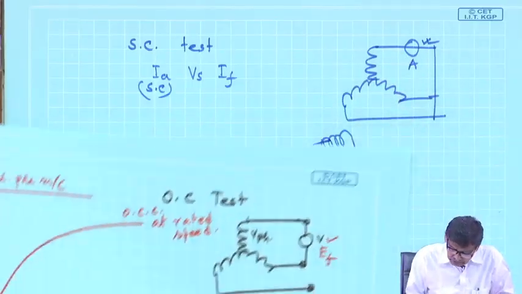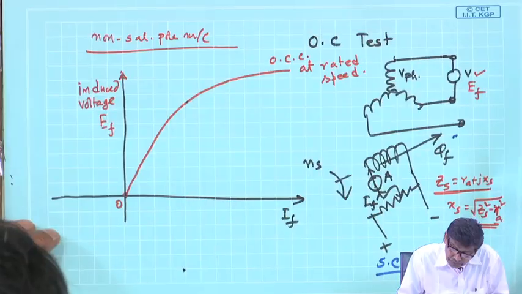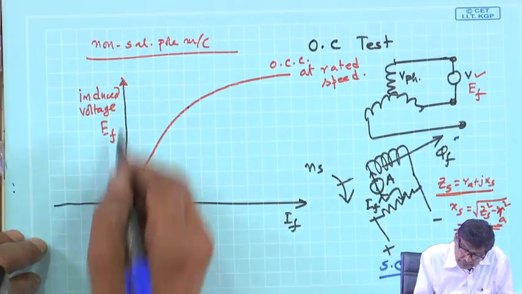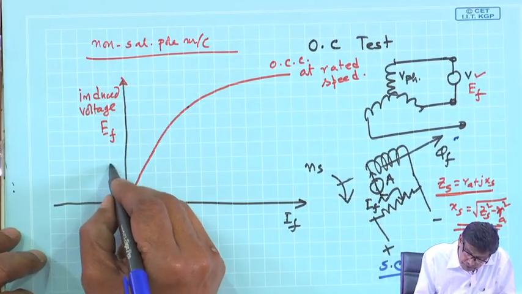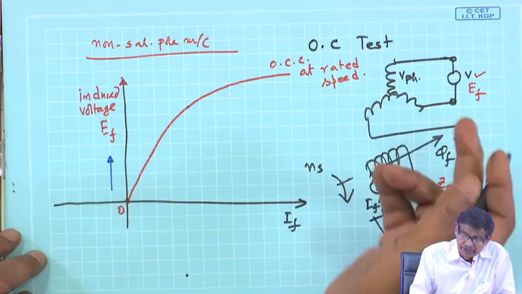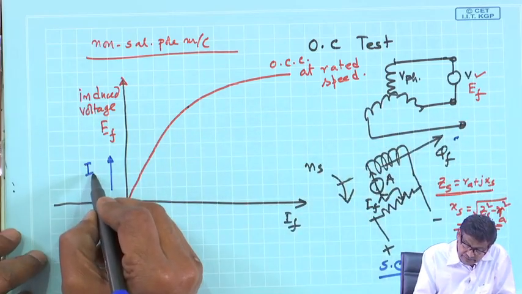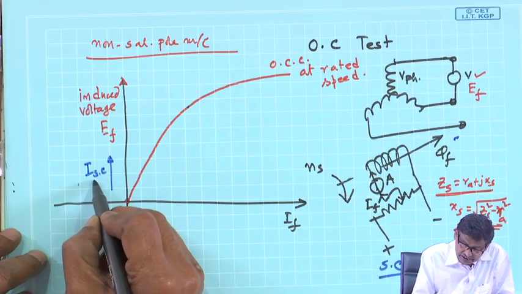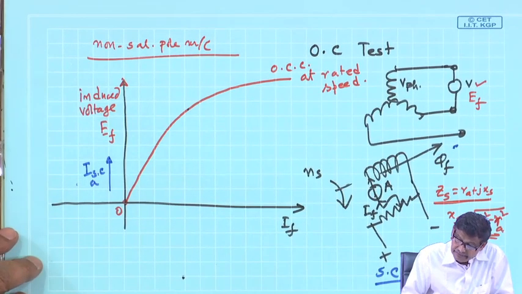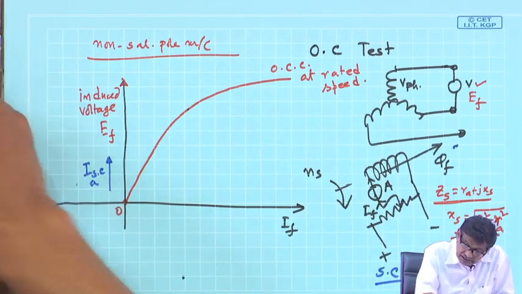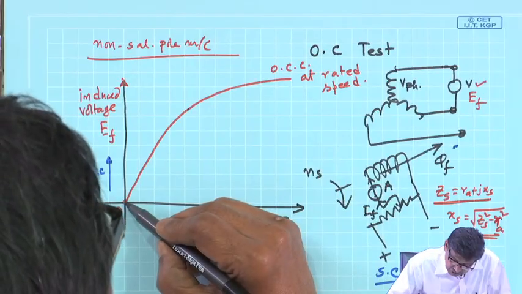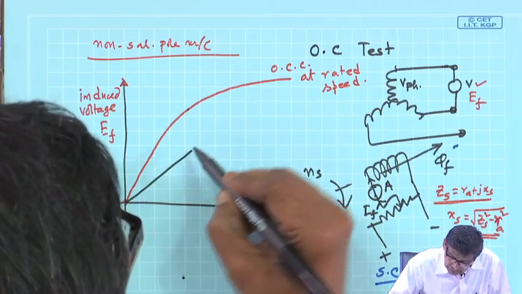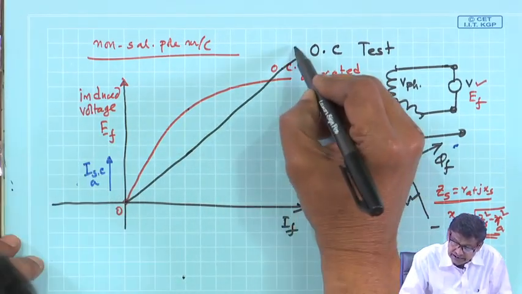You must. So, if on the same graph you also plot, in some different scale, ISC, the short circuit armature current, you will find that the characteristic will also pass through the origin and it will be a straight line.